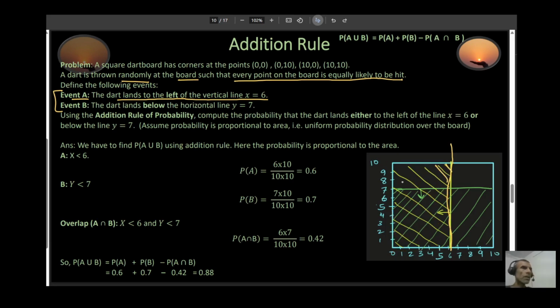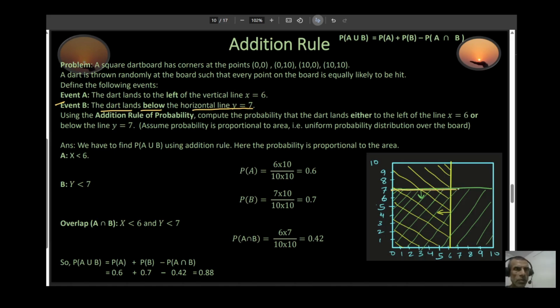My event B would be that the dart lands below the horizontal line y equal to 7. So my y equal to 7 is this right here, and the dart lands below that. In other words, in this region right here.